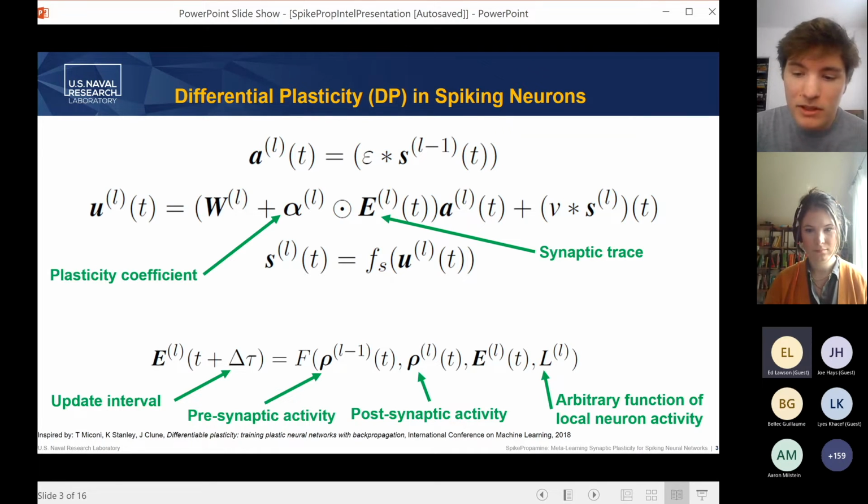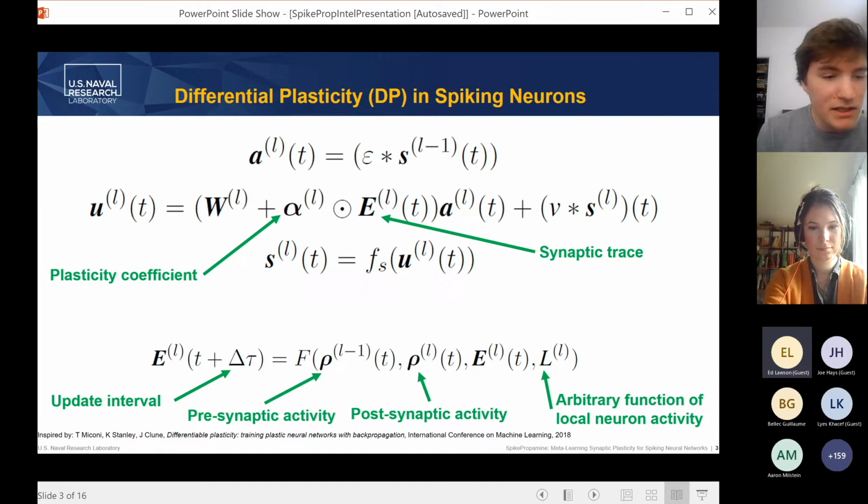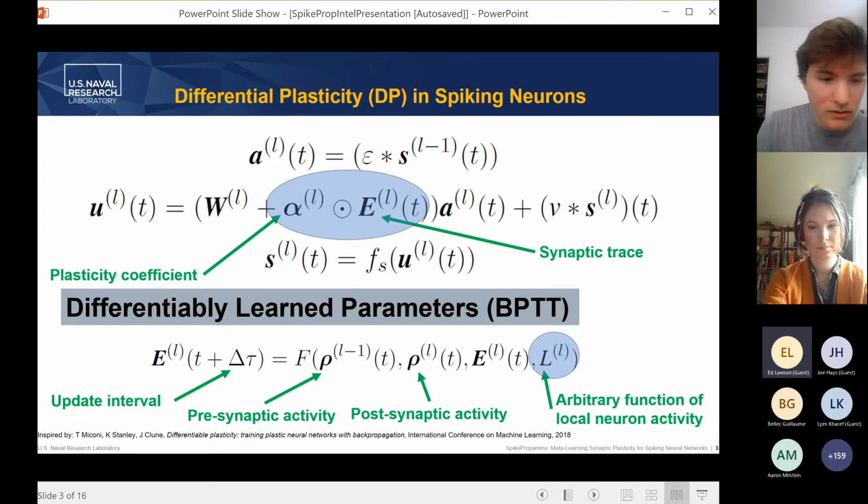This is ultimately a function of local parameters and activity. And we discovered that by utilizing this ability that Slayer provides for backpropagating errors through the SNN, we can learn the quantities for local parameters governing the dynamics of synaptic plasticity rules through gradient descent. So those are what we differentiate through.